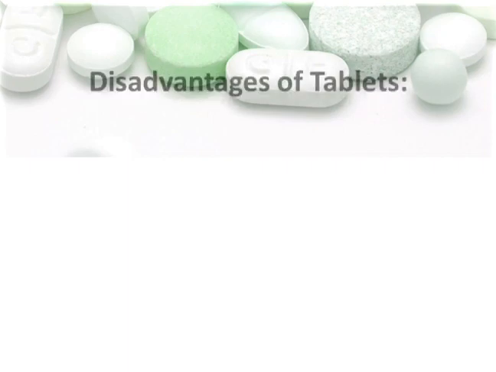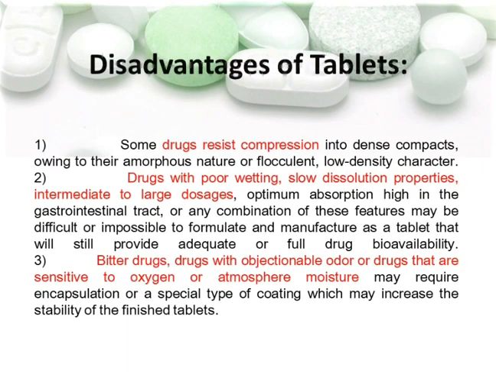Now, what are the disadvantages of tablets? Some drugs resist compression into dense compacts owing to their amorphous nature or flocculent or low density character. Drugs with poor wetting, slow dissolution properties, intermediate to large dosage, optimum absorption high in gastrointestinal tract, or any combination of these features may be difficult or impossible to formulate and manufacture as tablets that will still provide adequate or full drug bioavailability.